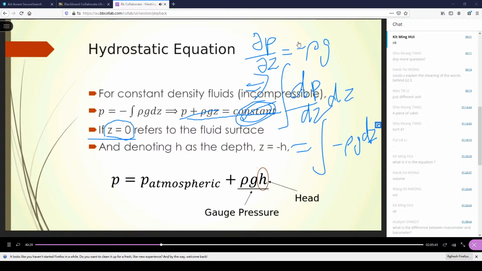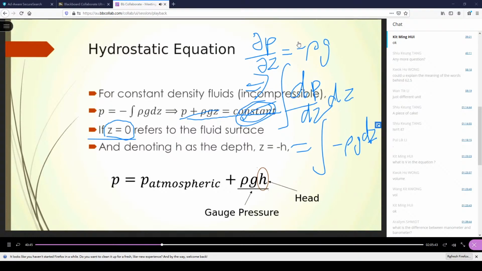Now we stick to our system, right? We said Z equal to zero is the liquid level, the liquid and air interface. So if you are talking about water, Z equal to zero is the level of the water and air interface.